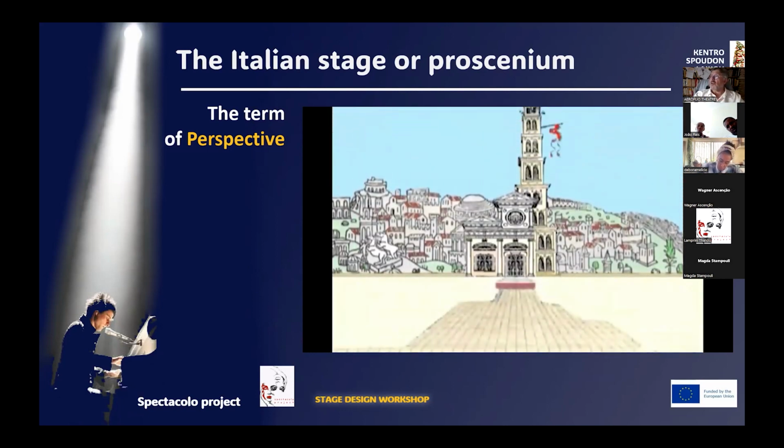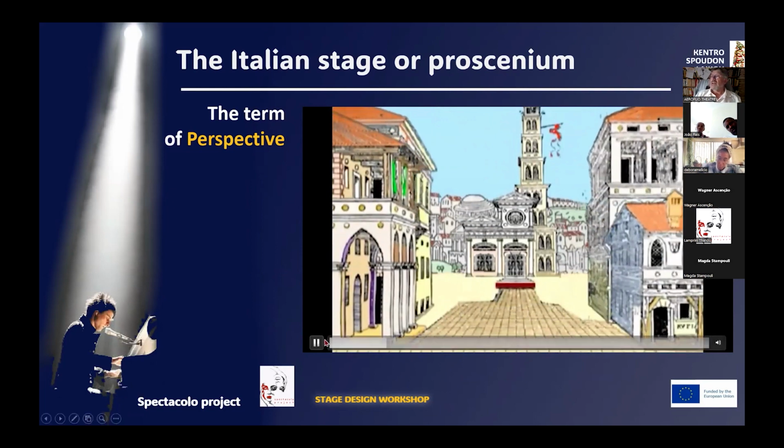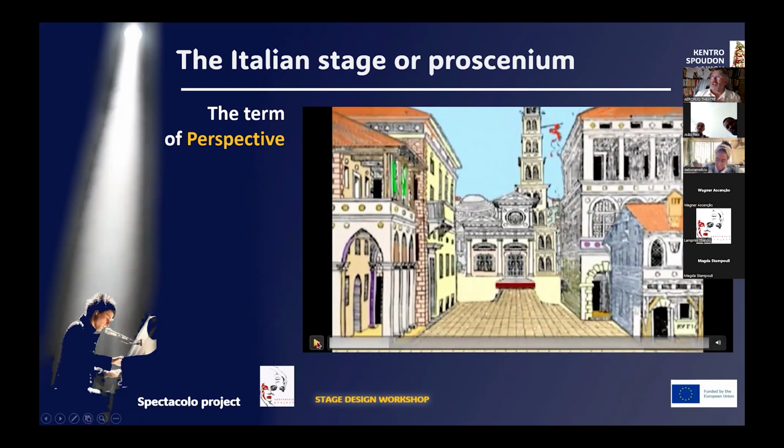Well, it was a backdrop there, the scenery flats. As I told you, it was constructed with different measures and meters. This was tall, and this was taller, but this side of the house was shorter.